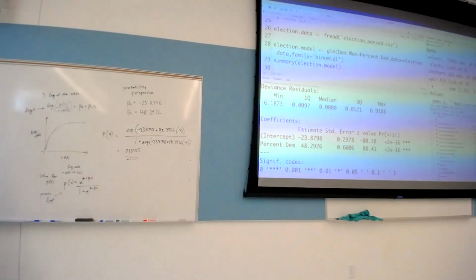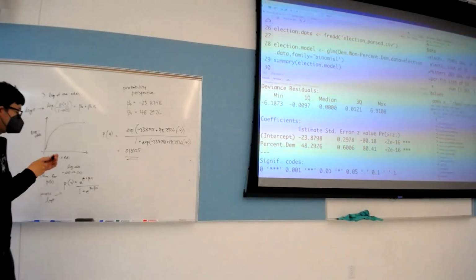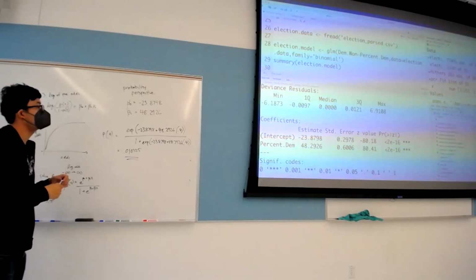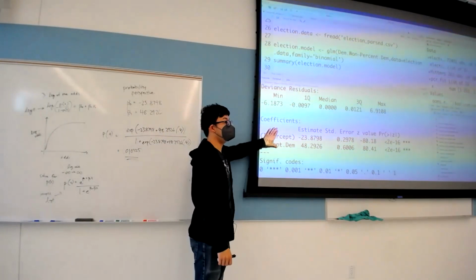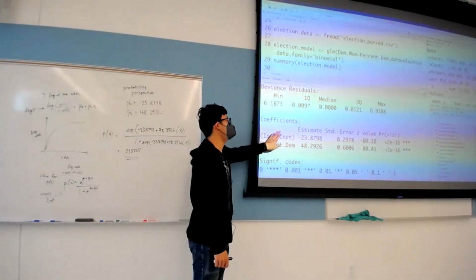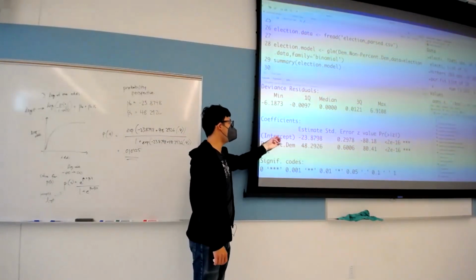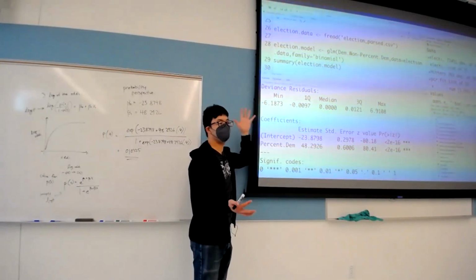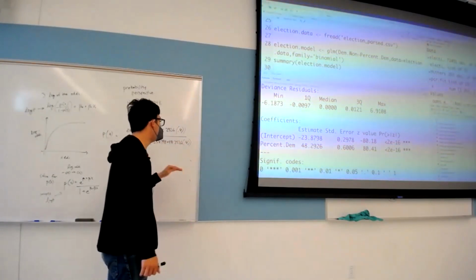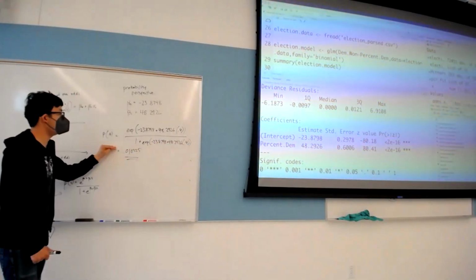So again, interpretation of this, my x changes by some amount and something happens to the log odds. I don't really know how to interpret that. Let's look at this type of interpretation.